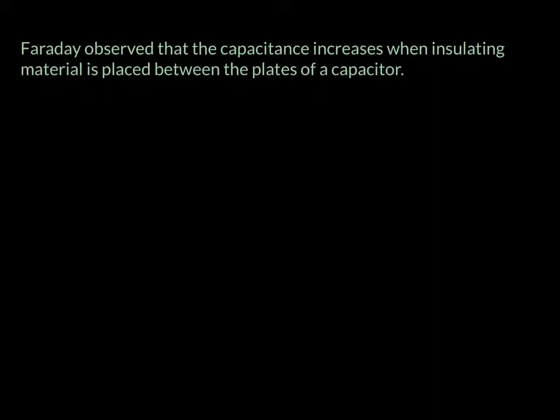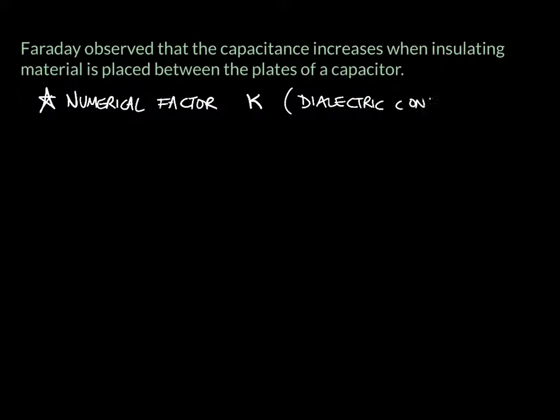And so what he came up with is that there's this numerical factor, and we use the symbol kappa, which is a really squatty little k, like a small caps K almost. And this is what we call the dielectric constant.